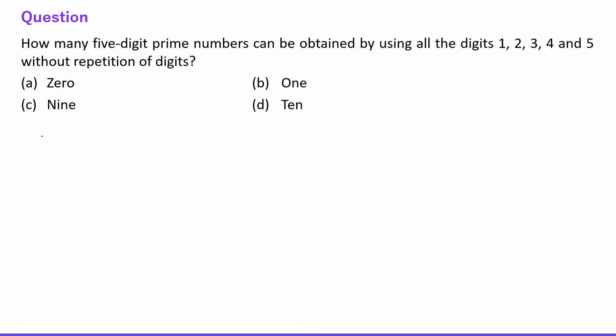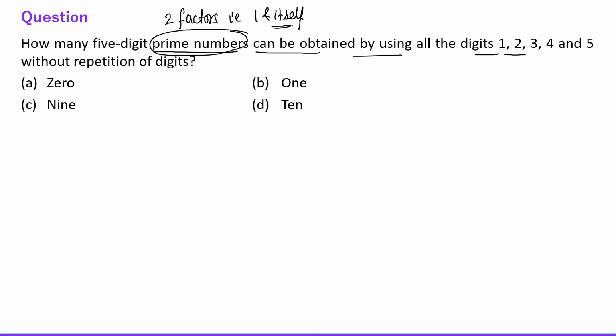After that, the next question is: how many 5-digit prime numbers can be obtained by using all the digits 1, 2, 3, 4, 5 without repetition of digits?